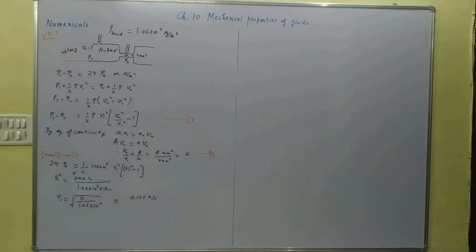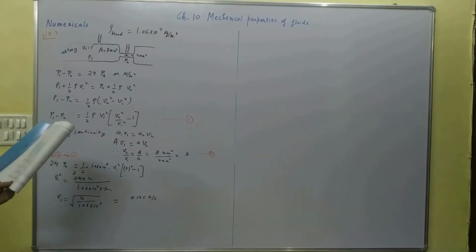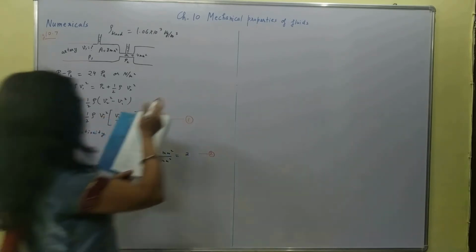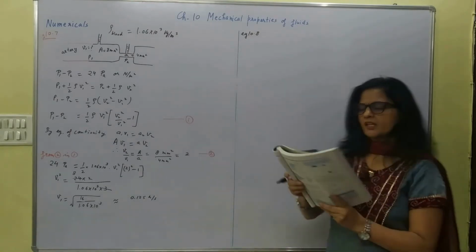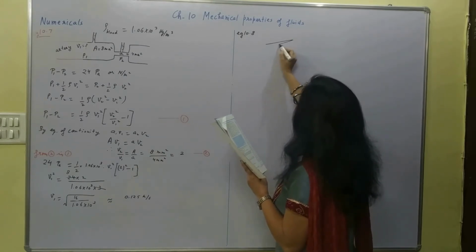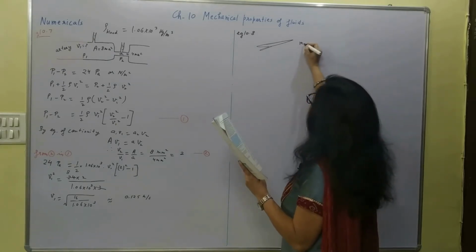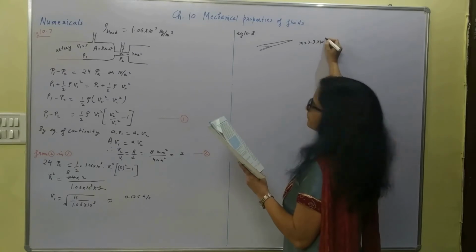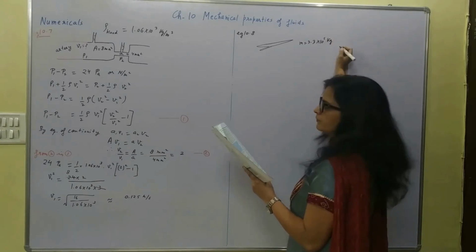Now let's take another example. This is example 10.8. A fully loaded Boeing aircraft has a mass of 3.3 into 10 power 5 kg. So this is the aircraft. It has a mass of 3.3 into 10 power 5 kg.